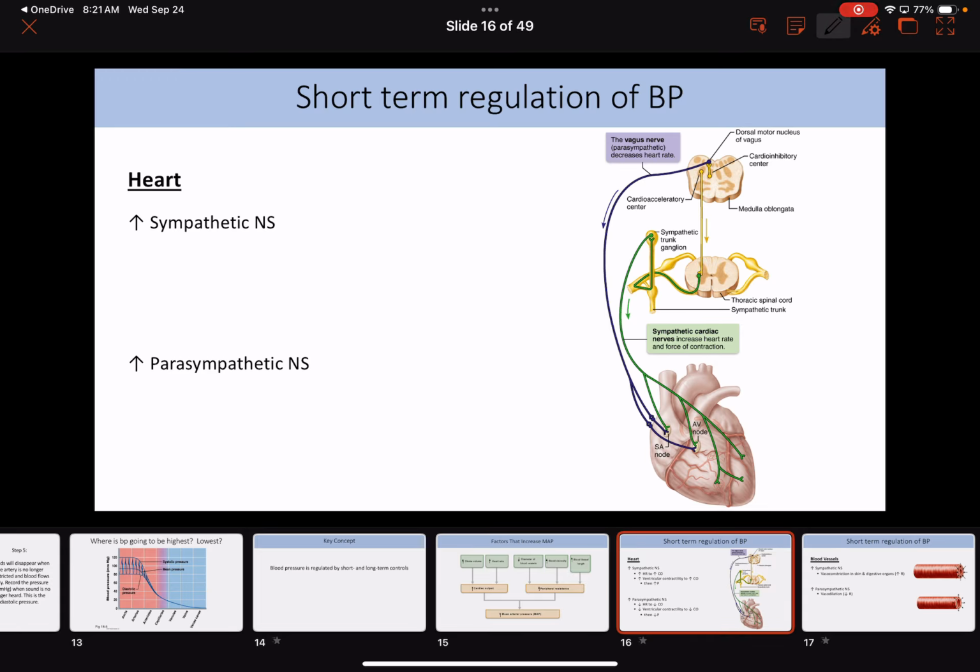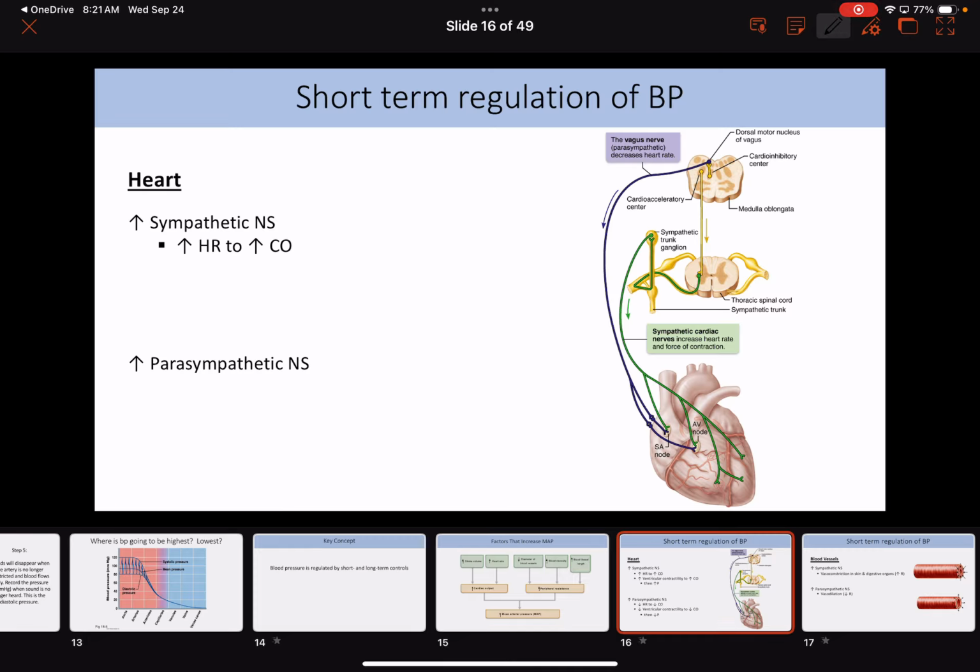All right. So more about the autonomic nervous system. This is going to be short-term regulation of blood pressure. When you have increased sympathetic activation, so you're in fight or flight mode, you've experienced something exciting or embarrassing or scary, what have you, you're going to have an increased heart rate, which is going to increase cardiac output.